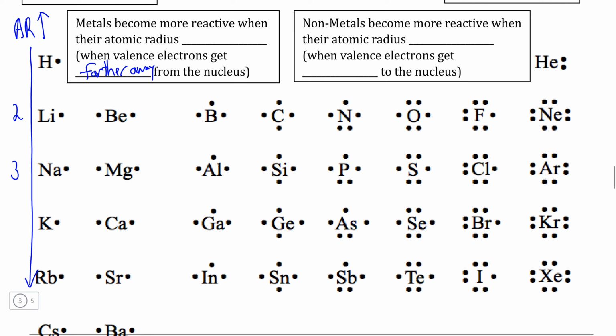So we can conclude the downward direction in the case of metals corresponds to increasing chemical reactivity, because metals are more likely able to lose electrons.